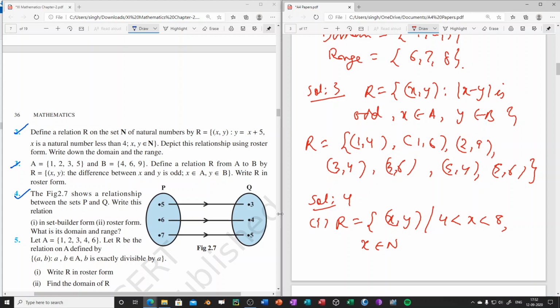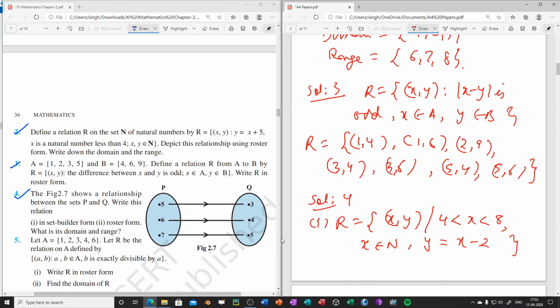Now we will write y in such a way that we get all the elements of set Q. Here we can see that the number 5 is related with 3, and 3 is 2 less than 5. Similarly, 4 is 2 less than 6 and 5 is 2 less than 7. So we can write y equal to x minus 2.